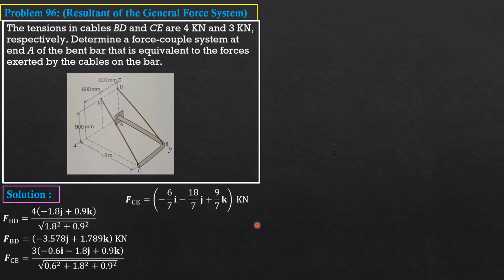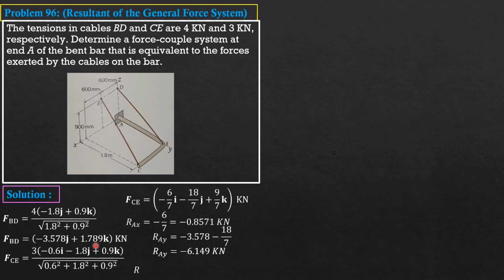Therefore, the single force in vector form is the sum of the x components, the y components, and the z components. So RAX is equal to negative 6 over 7 only, and it is negative 0.8571 in decimal kilonewtons. RAY is negative 3.578 plus negative 18 over 7, and it is equal to negative 6.149 kilonewtons.